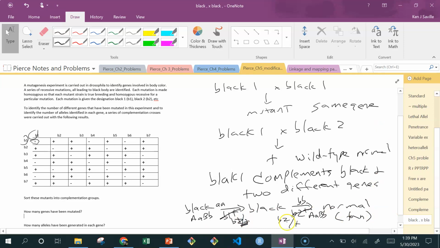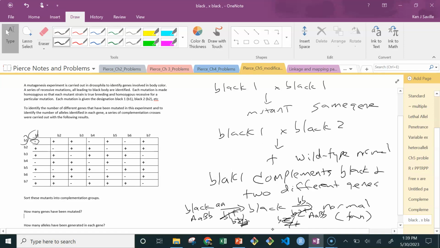So this is just another way to write heterozygous. So that's a lot of stuff, but all of that is there to just say that if you cross 2 mutants together and they're still mutant, that means you've mutated the same gene.